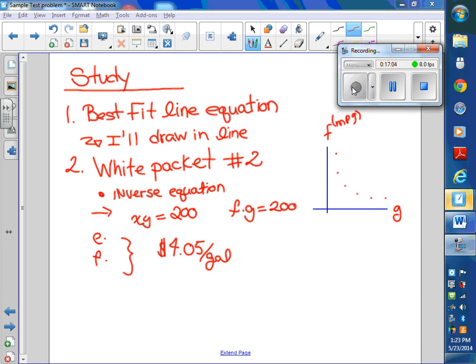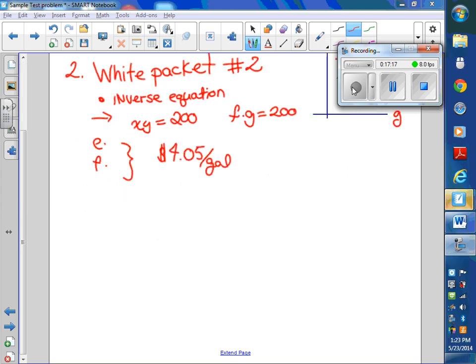Okay, if you look at E and F, it's different. It's a new situation using some of the same parts of the problem. So all of these people in the problem are going to figure out how much they have to spend on gasoline. And everybody buys gasoline in the same area, so it's about $4.05 a gallon. That's a different picture altogether.